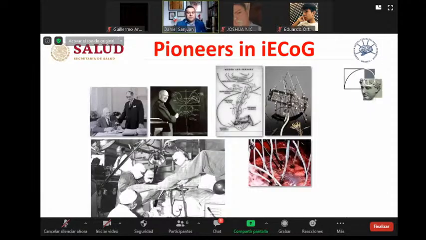So to begin this broad area, we are just going to mention the pioneers in intraoperative electrocorticography. You can see Dr. Jasper and Penfield from the Montreal Neurological Institute. And still we have this kind of montage with the cooperation between the neurophysiologists, the surgeons, the psychologists, and neurologists who evaluate the patient.